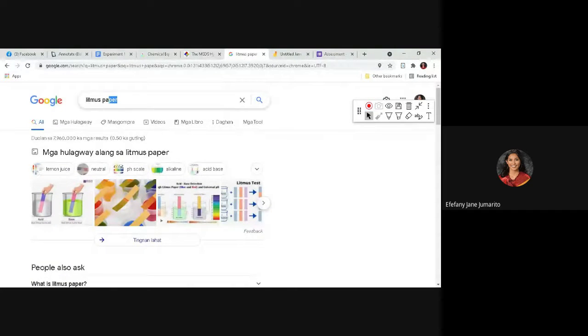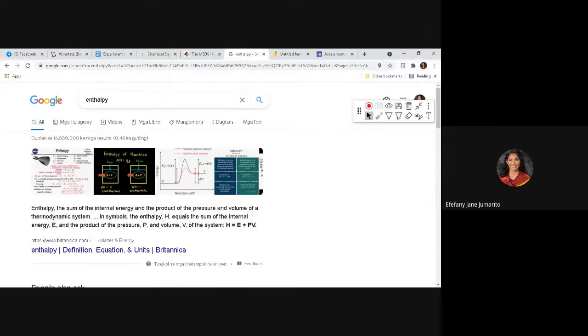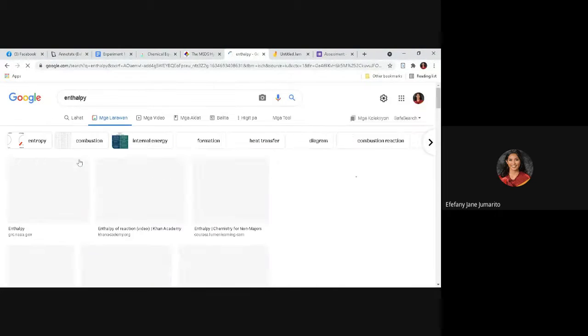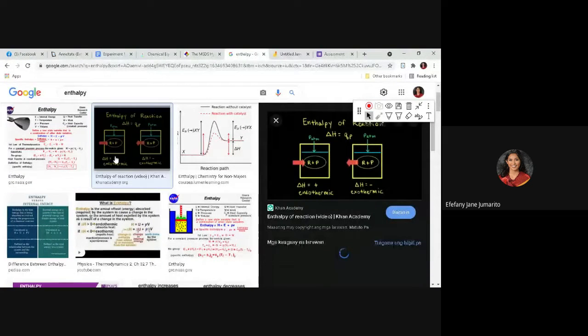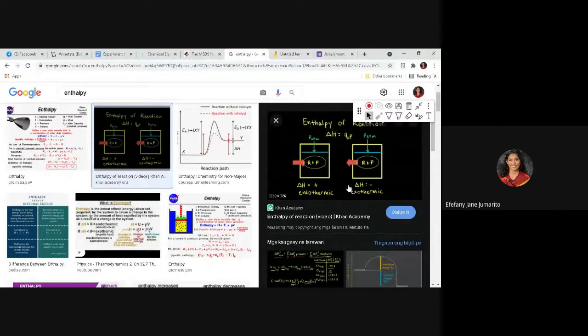Wait, class. Enthalpy. Okay, so endothermic is positive. Here it is: endothermic, when we have a positive, and exothermic is negative.